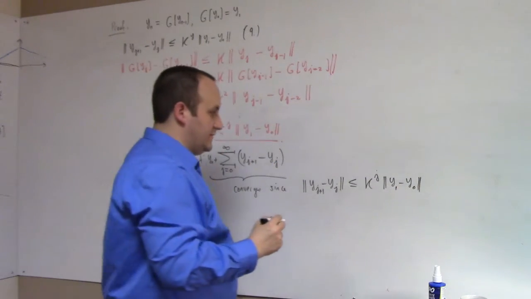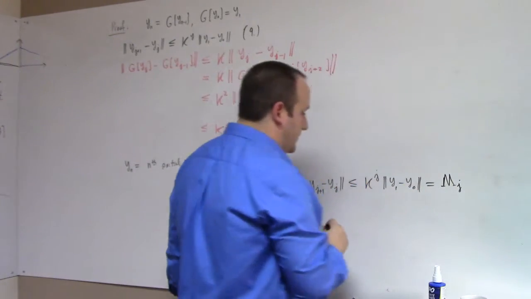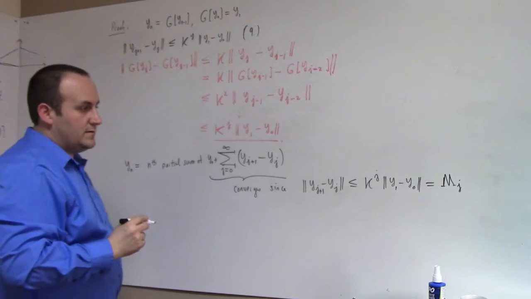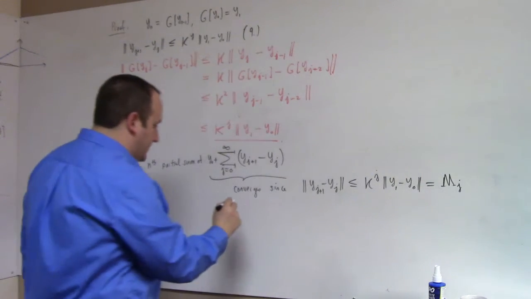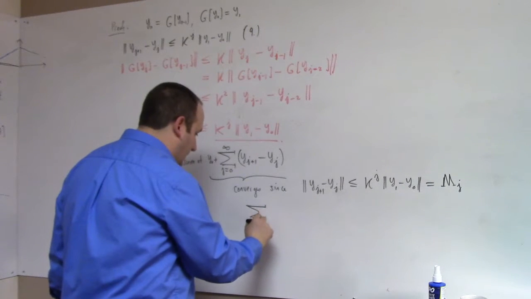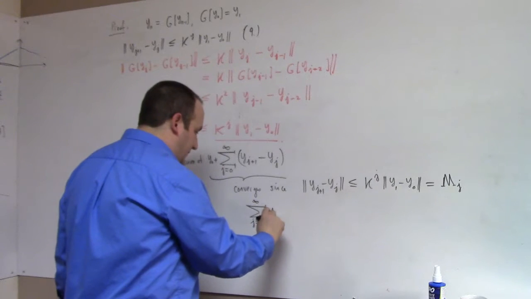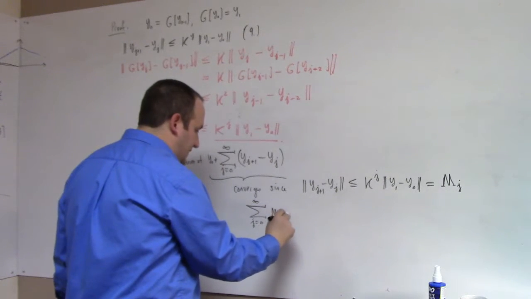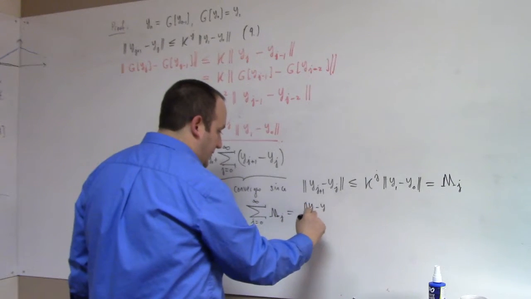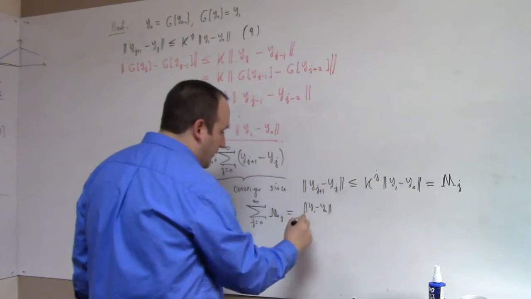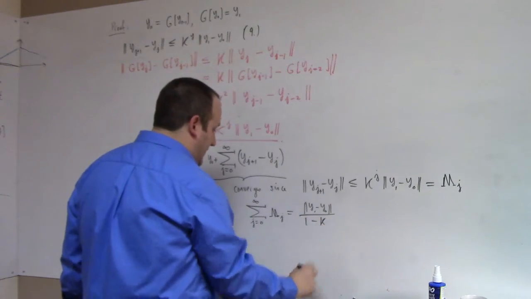So he says, just call this thing mj. It's the jth majorant for this series. And of course the sum from j equals 0 to infinity of m sub j is y1 minus y naught, that's the a, quote unquote, divided by 1 minus k. A geometric series result.